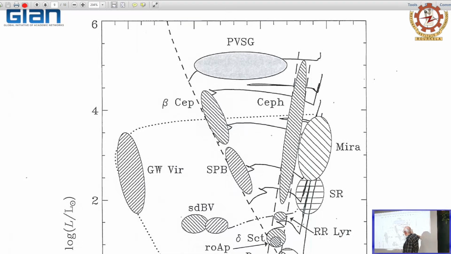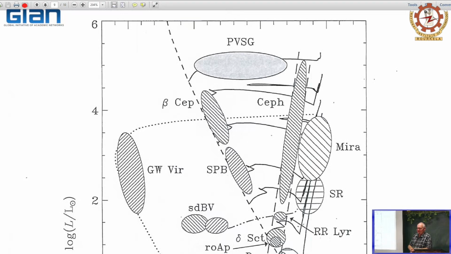These are the classical pulsators driven by Kappa mechanism here, and we will go to stars which are much more luminous and which have much higher luminosity to mass ratios in terms of solar values. So luminosity to mass ratio is given usually in units of the solar luminosity and the solar mass.